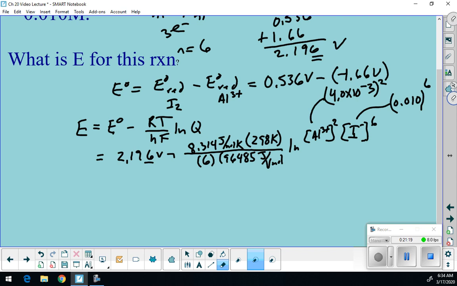I'm going to take 0.01 to the 6th, and then multiply that times 4 times 10 to the minus 3 squared. And I get 1.6 times 10 to the minus 21st.